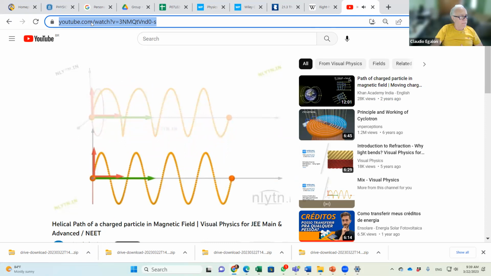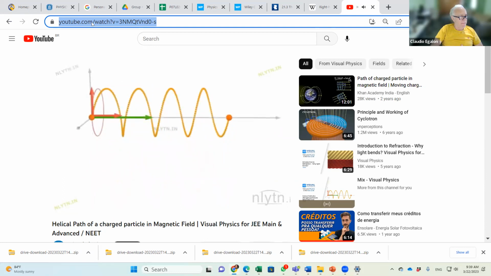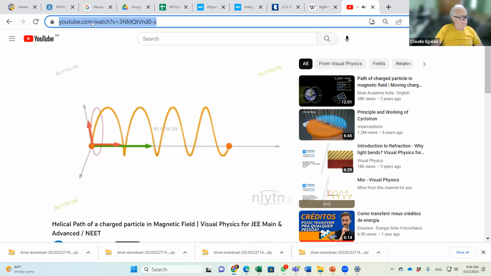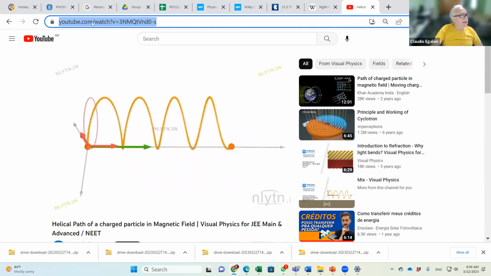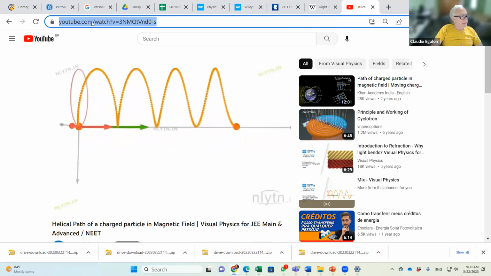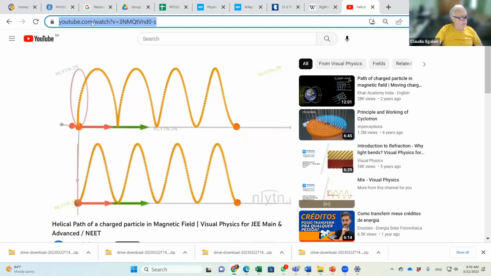Note that it is a common misconception that the point of start of the helical path lies on the center of the helix. No. The point of start doesn't lie in the center of the helix. It lies on the path of the helix, at the edge of the helix.